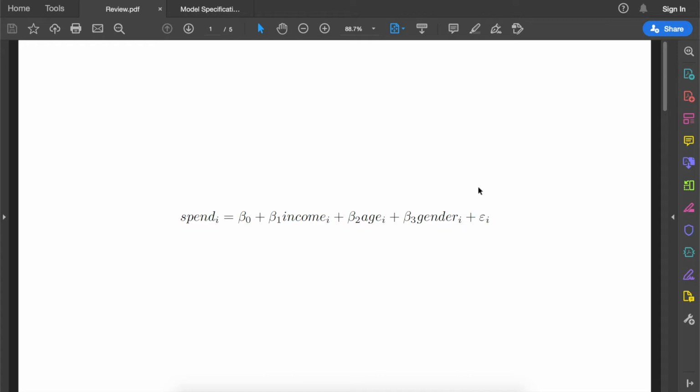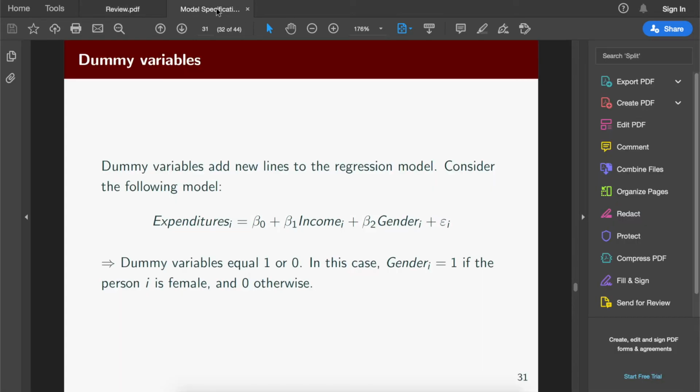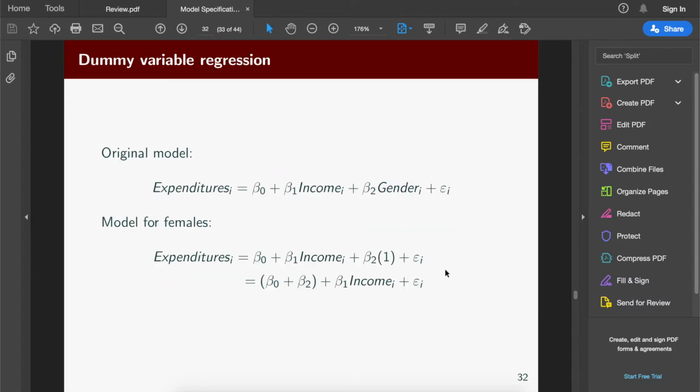Okay, so what this model is going to tell us once we estimate it, we can imagine what this is going to look like for the different genders. And so I'm going to refer you back to the lecture material. This exact model is in the lecture. So we can look at what that model looks like for females and what it looks like for males.